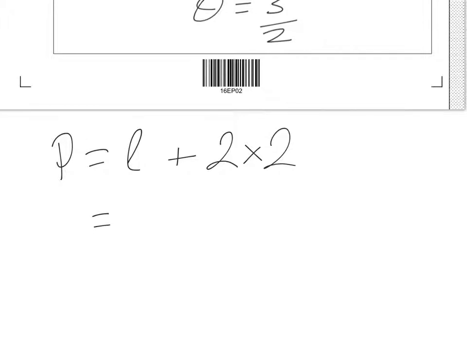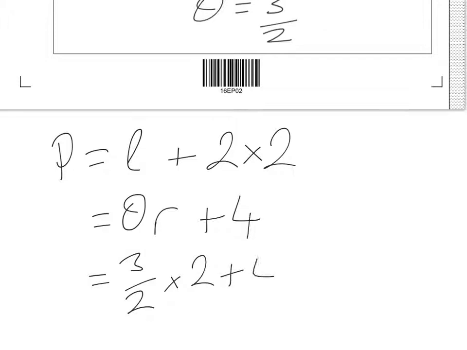The arc length formula is just theta times r, plus 4, which is 3 halves of 2 plus 4, is 7.